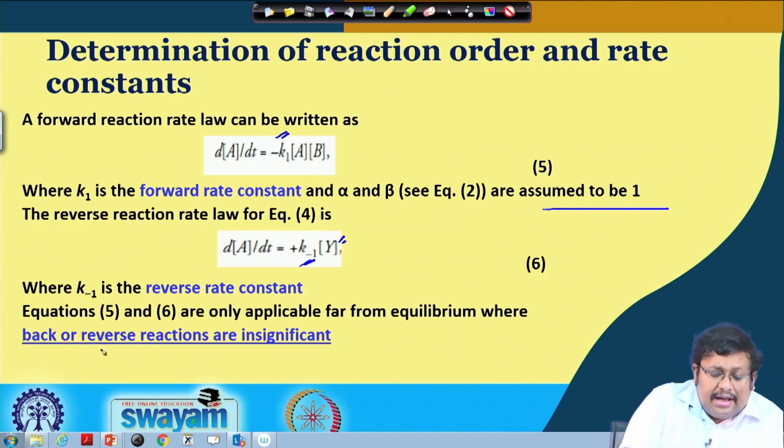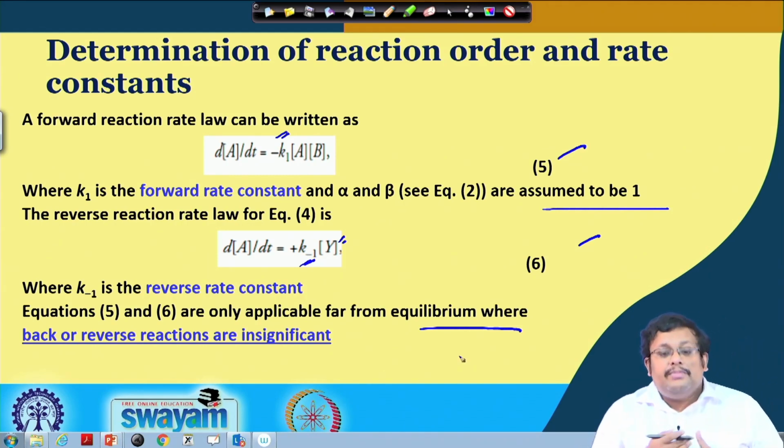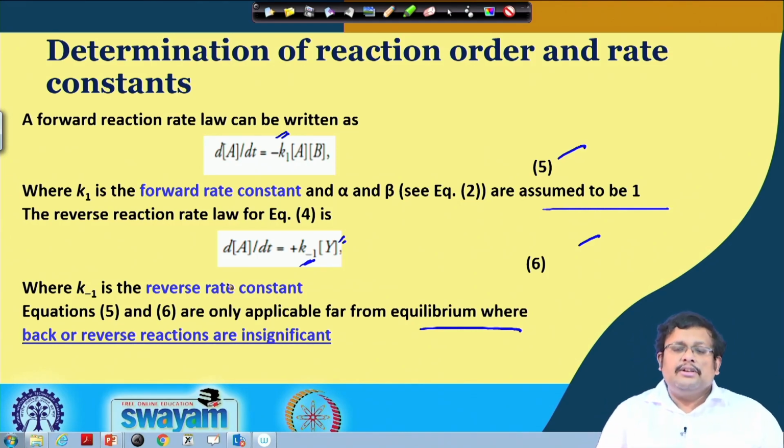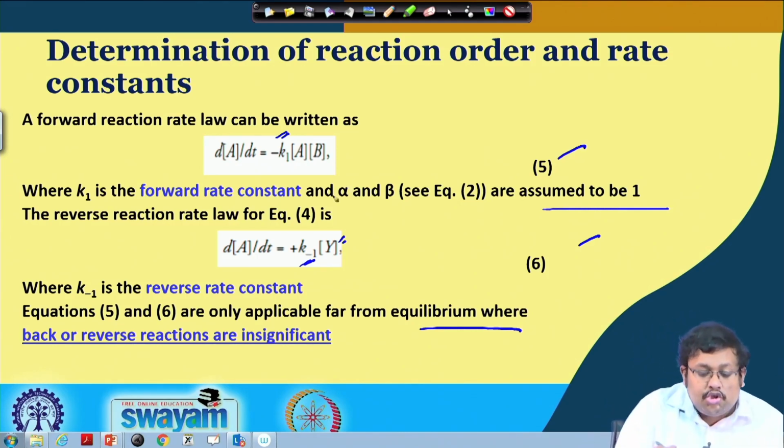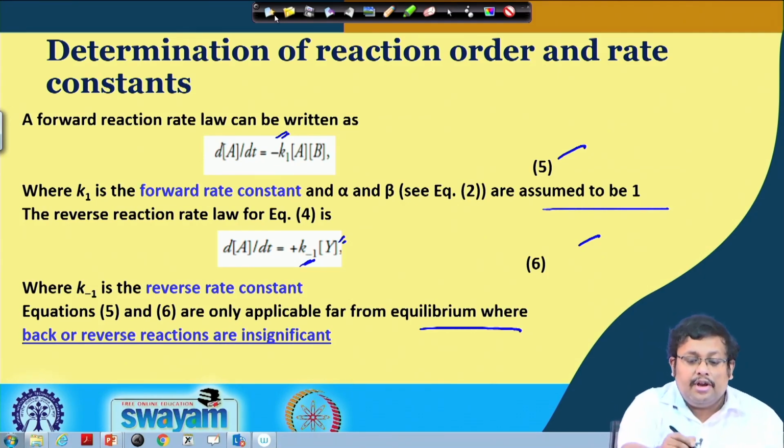Equations 5 and 6 are only applicable far from equilibrium, where back or reverse reactions are insignificant. At perfect equilibrium, the reverse rate is equal to the forward rate. However, when there is not equilibrium, we assume that the forward reaction is more predominant.